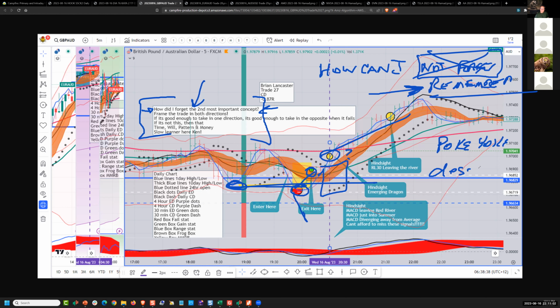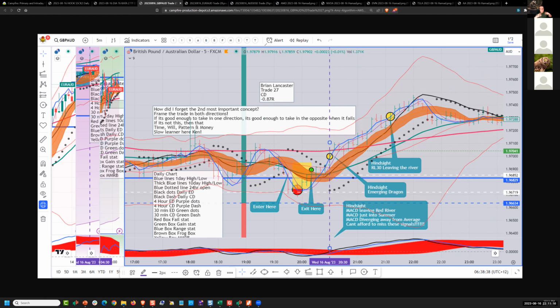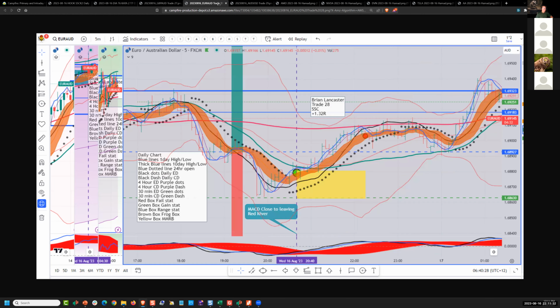Design your work process so you can only make good parts. How can I design my alert and design process so that I must frame in both directions? And it's easier just to frame it in both directions than it is to not. Make it easier to do the right thing. Make it automatic so you don't have to remember.